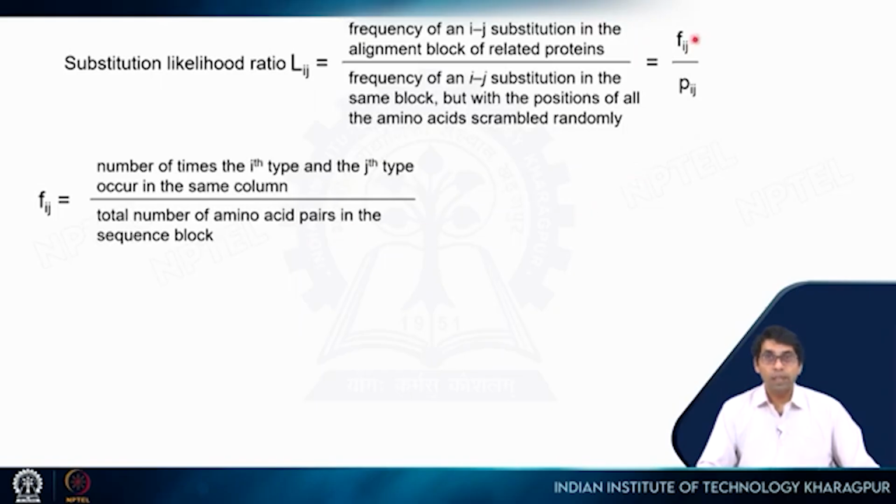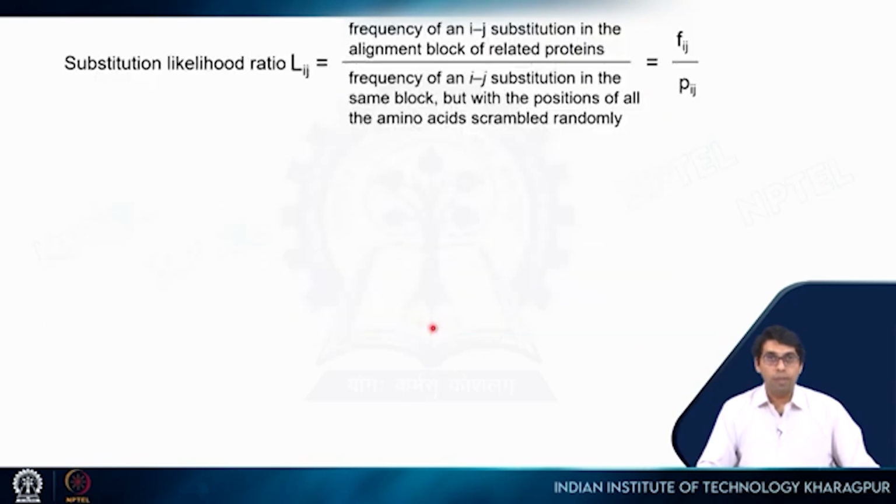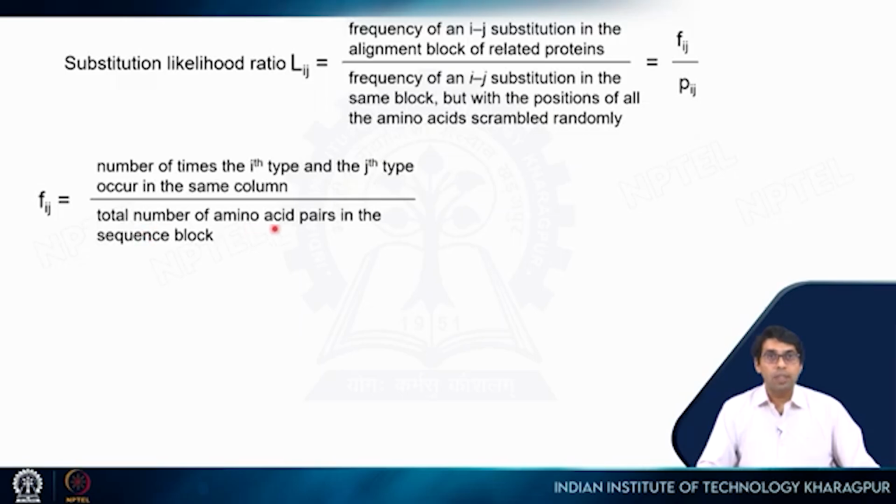How do I get this F, the frequency of substitution in this alignment block? I will do this by counting the number of times i type and j type occur in the same column. So, how many times phenylalanine and leucine occur in this column? Okay, and then the total number of amino acid pairs in the sequence block.